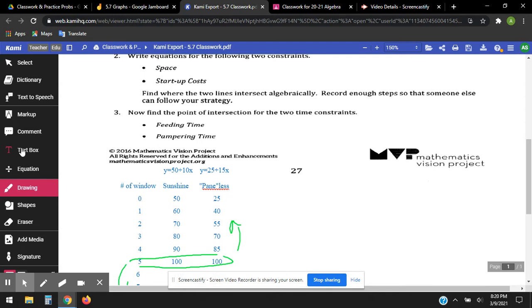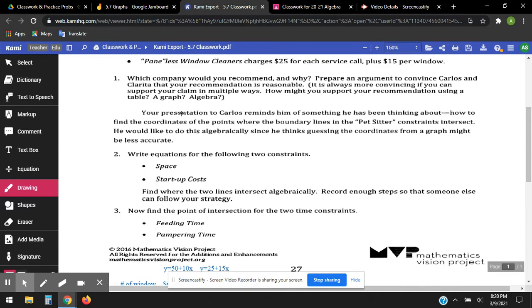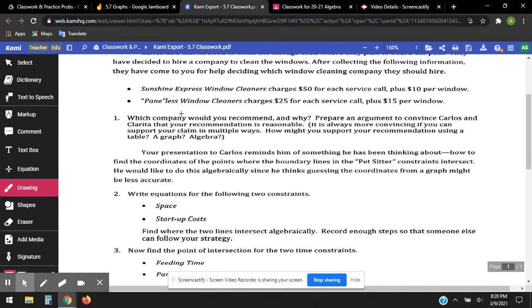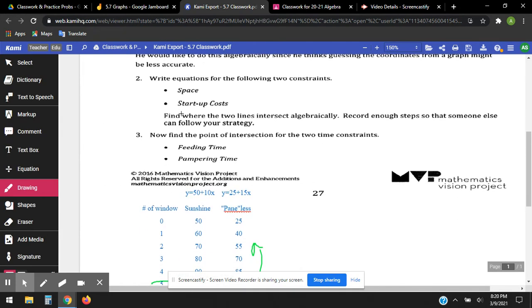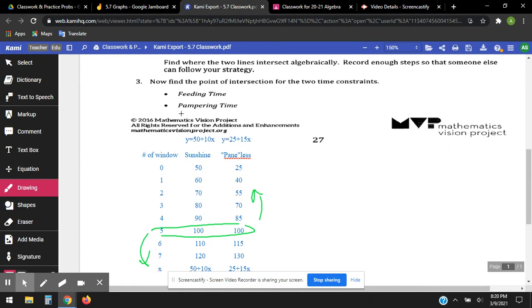If we do the algebra one, what that means is I'm going to take my two equations and set them equal to each other. Not a whole lot of room up here, is there? We'll have to go down here. We want to know, when does 50 plus 10x equal 25 plus 15x?